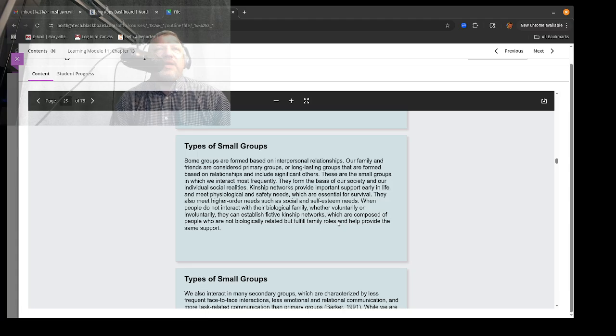They meet higher order needs such as social and self-esteem needs. And when people do not interact with their biological family, whether voluntarily or involuntarily, they establish fictive kinship networks, which are composed of people who are not biologically related to them, but fulfill the family roles and help provide the same support just the same.